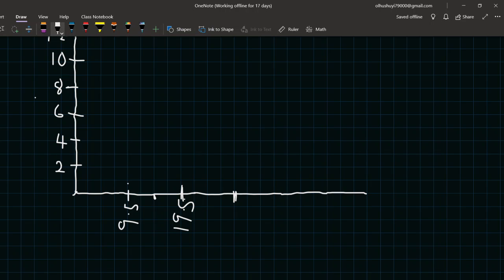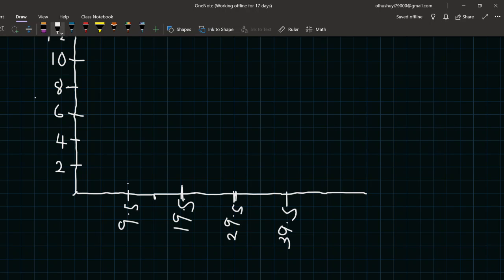This is 29.5. 1, 2, 3, 4. This is 39.5. And don't forget, the next one from 39.5 should have been 49.5. We have to be 59.5.